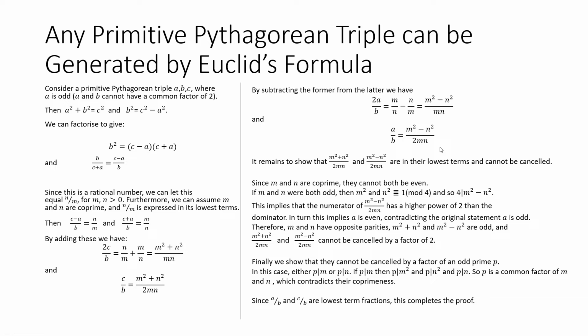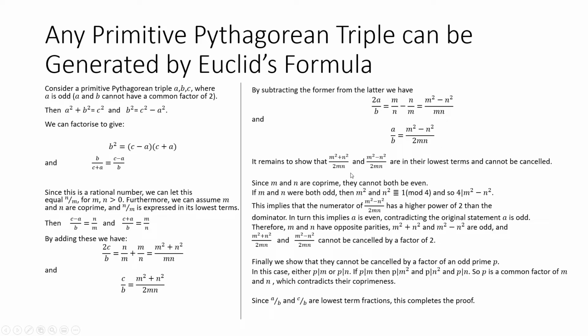So if I can show now that I cannot cancel this fraction or this fraction in any way, then we're there. Because a and b have no common factors, if m squared minus n squared with 2mn have no common factors, and likewise m squared plus n squared over 2mn cannot be cancelled, then we know that we've got the same numerator and the same denominator in each case.